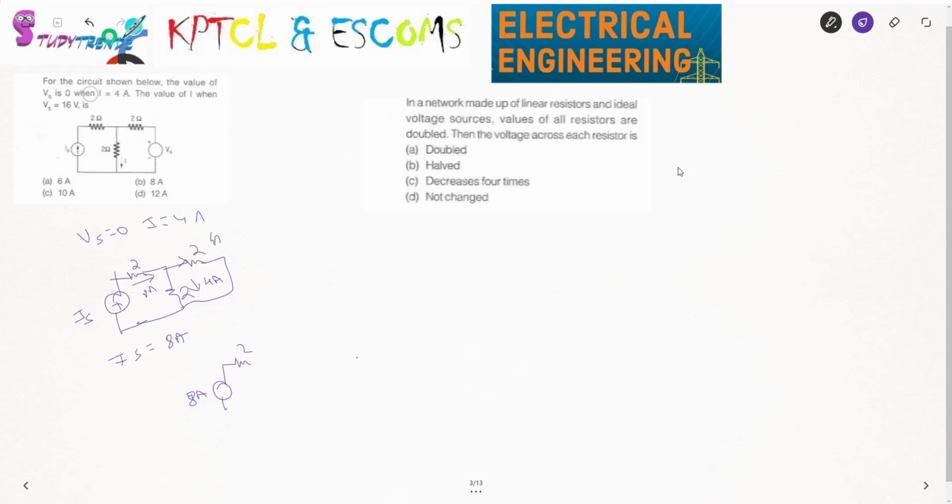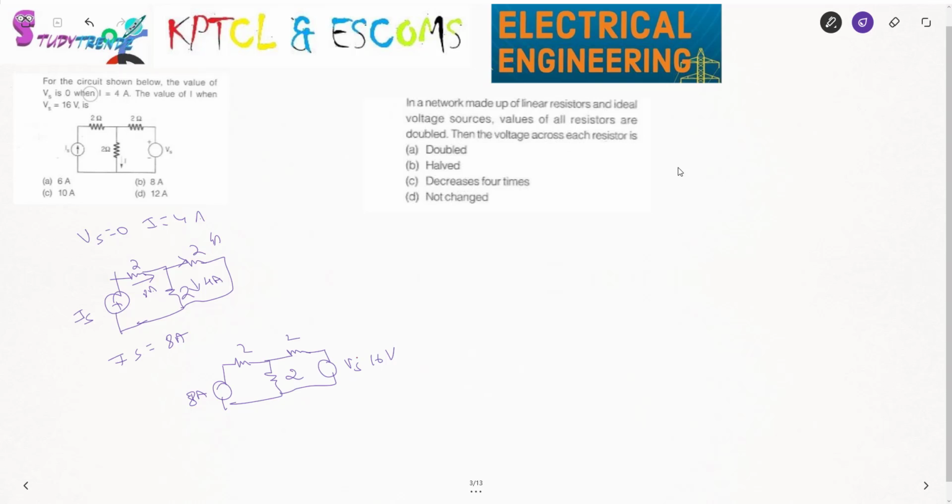So Is is 8 ampere. 2 ohm is there, here 2 ohm is there, there is 2 ohm. Vs is 16 volt, so 16 volt is connected here.